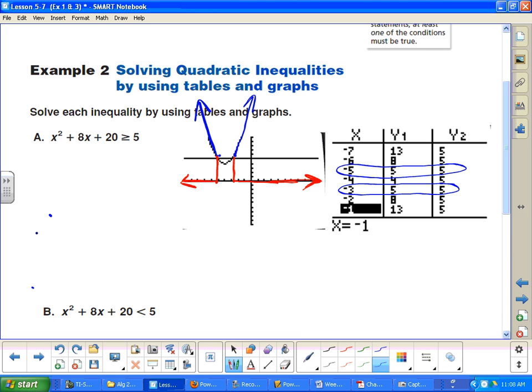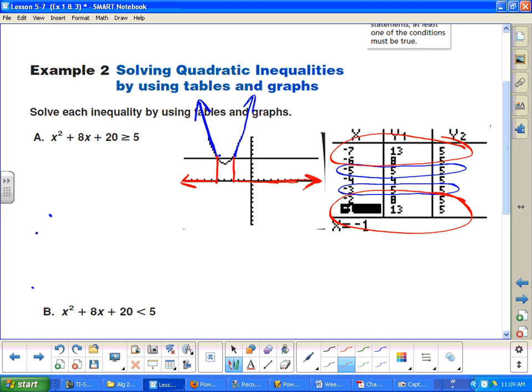So which numbers show that y1, which is our parabola on the left side, is greater than y2, the line 5? We can see that y1 is greater for the numbers that are less than negative 5 and greater than negative 3. They're equal at negative 5 and negative 3, but from the table I can see that they're greater than at negative 6, negative 7, negative 8, and so on, and also negative 2, negative 1, 0, and so on.